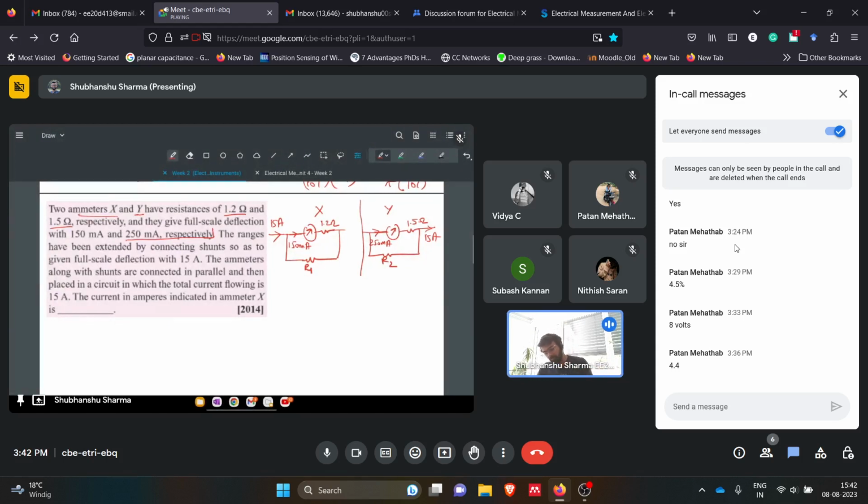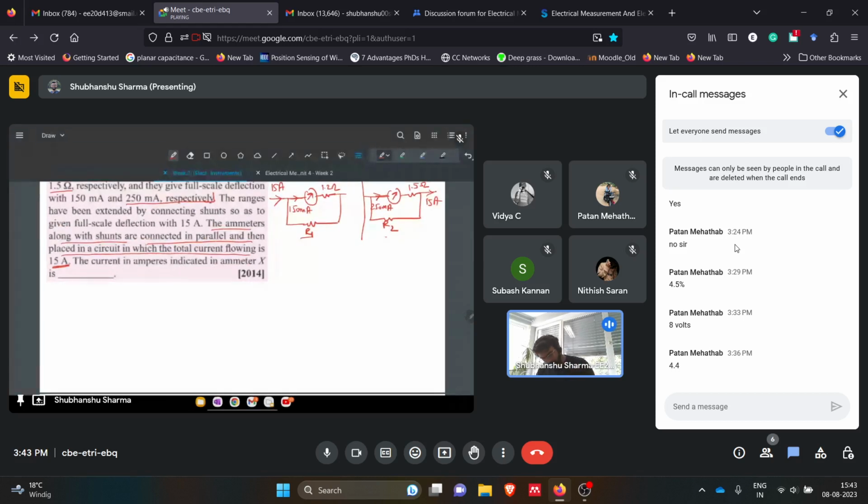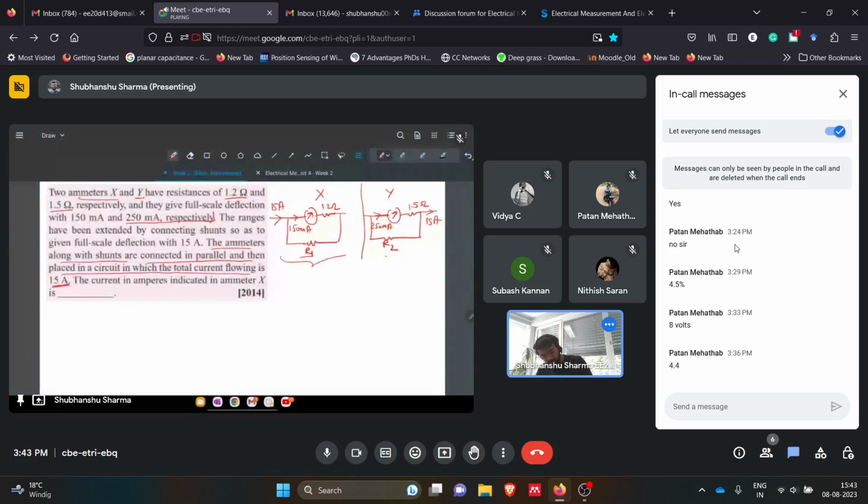Now what the question is saying: the ammeters along with shunts are connected in parallel, and then placed in a circuit in which the total current flowing is 15 ampere. Now visualize what it is trying to say. Let's say this whole thing I can represent like this: ammeter 1, ammeter 2. The question is saying it is connected in parallel like this.